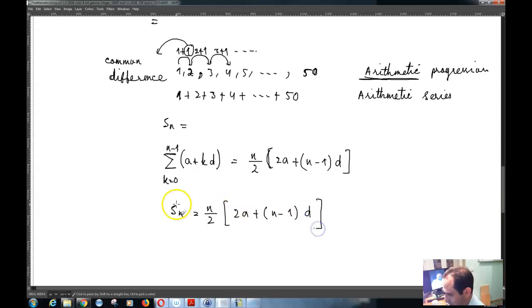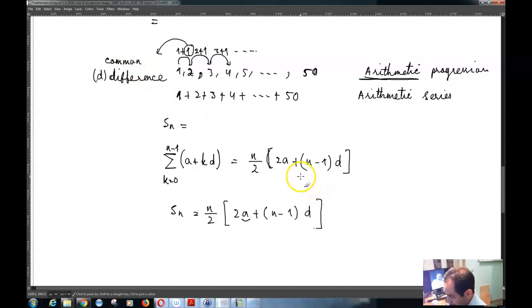The same thing. So assuming that you know the number of the terms, and a is your first term over here, which is 1. N minus 1, well, you know already what n is, and then d is your common difference. This is the common difference.